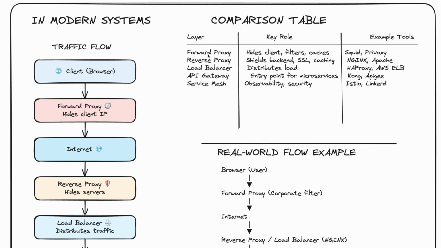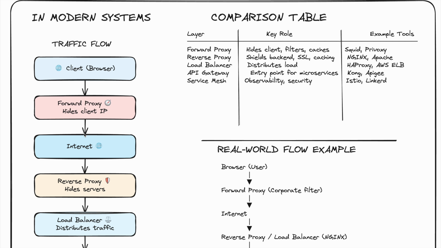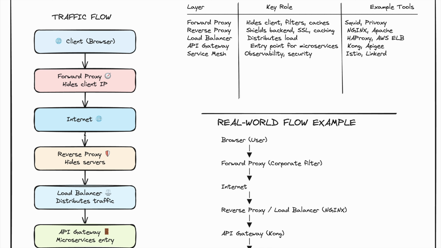So basically, the forward proxy is there in order to protect the user, the client. When the client makes the request, it first goes to the forward proxy. It hides the client IP, and then that forward proxy makes the request to the internet.